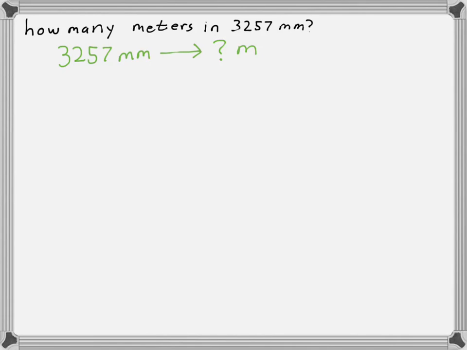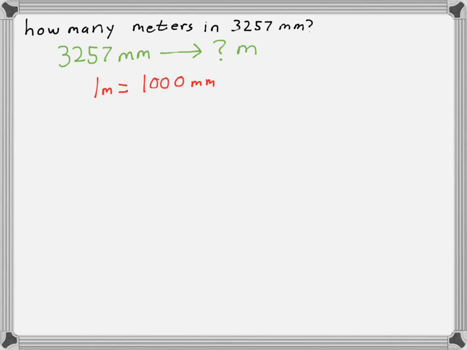For those of you who don't know it, this is one you actually should know, because conversions in the metric system should be pretty basic anytime you're dealing with science. We know that 1 meter is going to equal 1,000 millimeters.